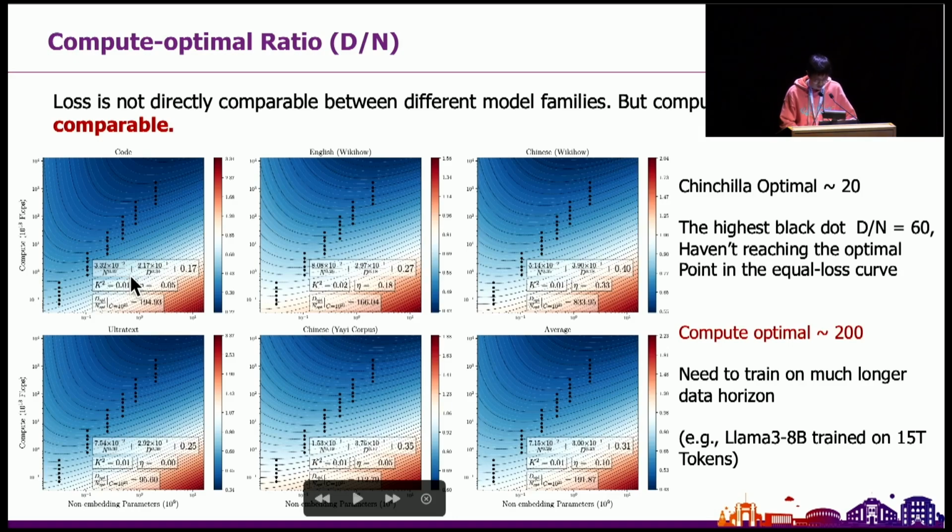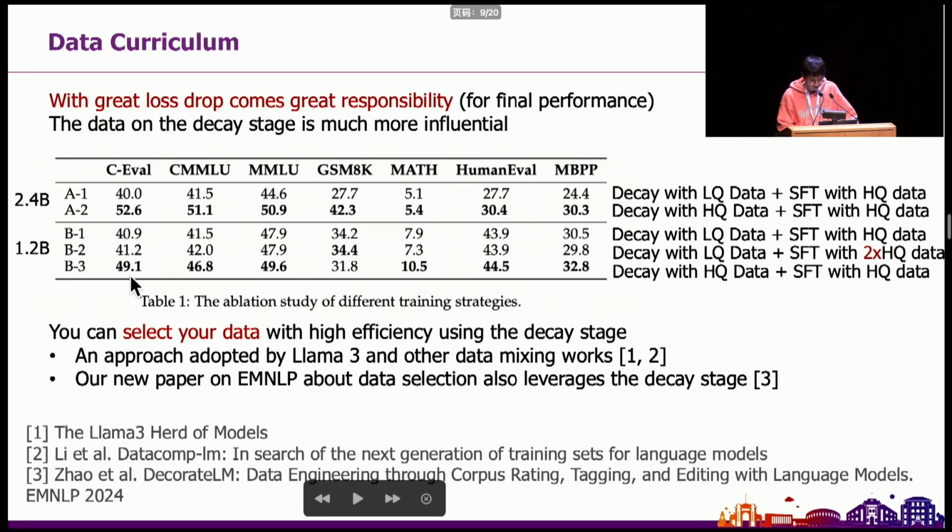But now in our study, we find that the compute optimal is about 200 times. So we actually need to train on a much longer data horizon than we previously thought. It is also supported by the recent trend. For example, the Llama 3 8 billion was trained on 15 trillion tokens.